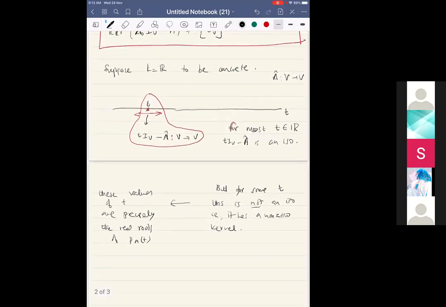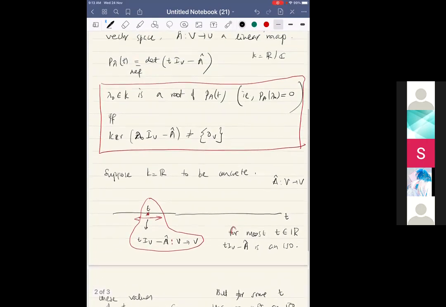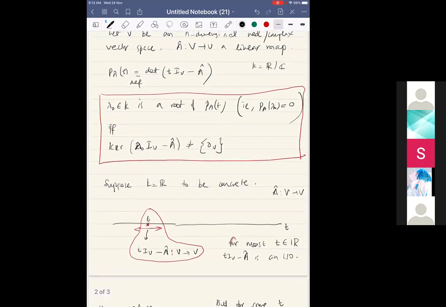Okay. So this is the key result that I have proved in the last lecture. And this is the key result to understand the significance of eigenvalues and eigenvectors and the connection with the roots of the characteristic polynomial. So let me repeat. This is a picture you must firmly have in your head.